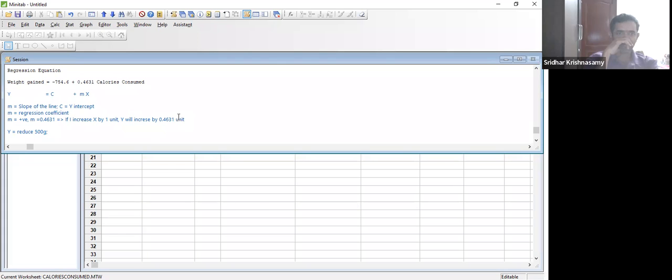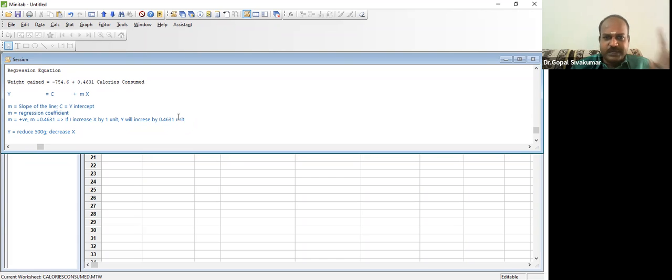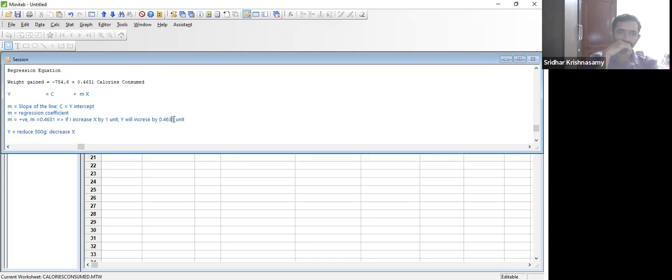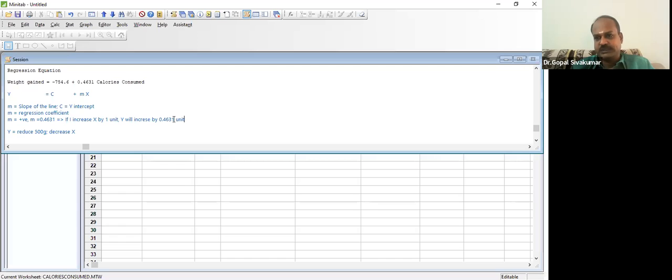Decrease X. Very good. Now I will decrease the X, and just to get 0.4631 grams down in my weight, how many calories should I consume? 1 calorie. When I reduce my calorie consumption by 1 unit, my weight gain will come down by 0.4631 unit.